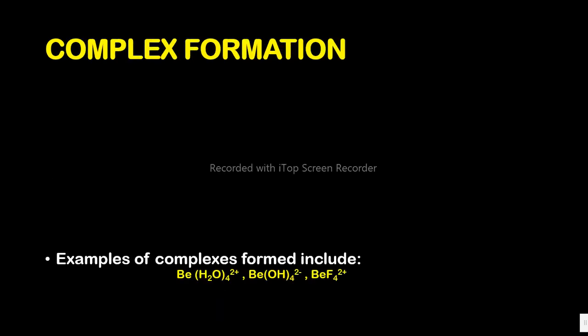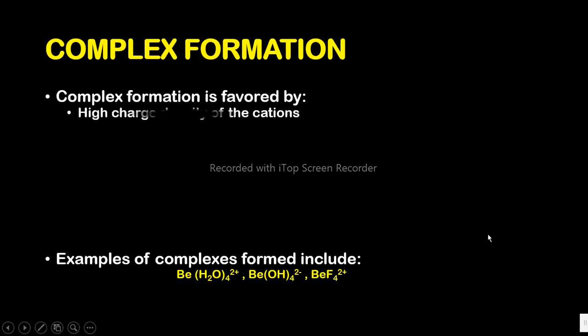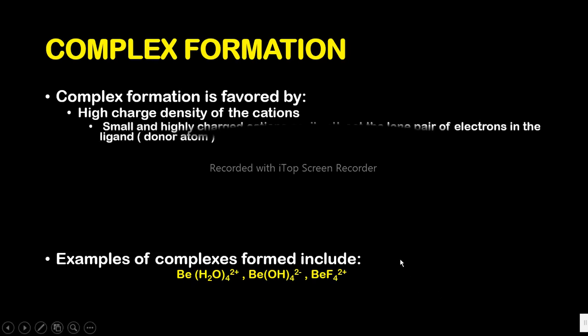Complex formation. Now, this is where the question is coming from. For group 2 elements, they are able to form complex ions. Actually, not all of them, but beryllium. As you can see, beryllium is able to form complexes. Why beryllium?